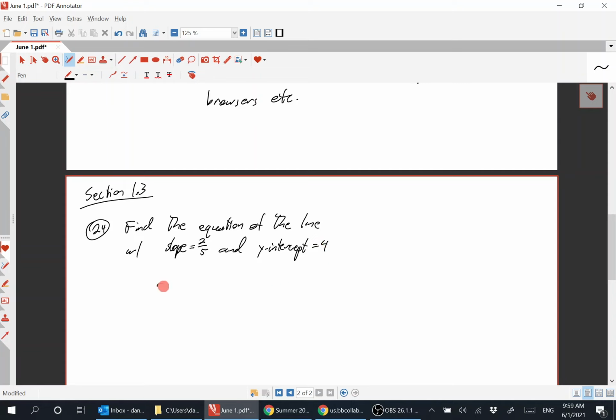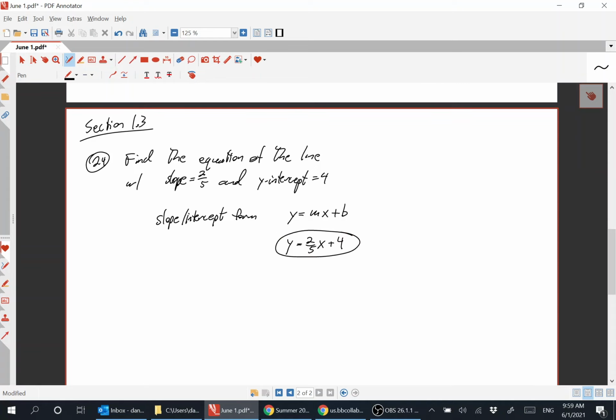With the slope-intercept form of the line, it's y equals mx plus b, where m is the slope and b is the y-intercept. So in this case, it's just y equals 2/5 x plus 4. It just gives you the slope and the y-intercept, so you get the equation, and that's it.